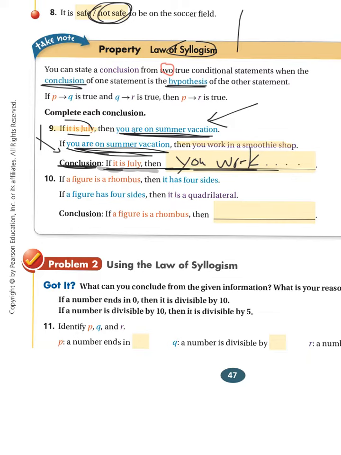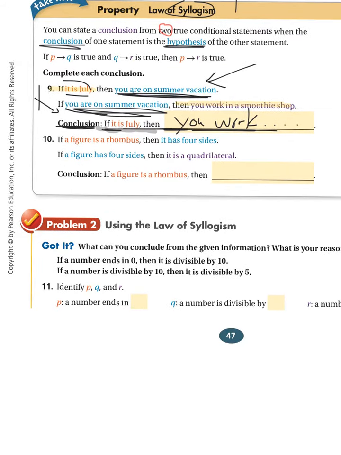Let's look at example 10. If a figure is a rhombus, then it has 4 sides. If it has 4 sides, then it is a quadrilateral. You can see again, there's a link. The conclusion of one matches the hypothesis of another. When that's the case, I can use the law of syllogism to make a conclusion.